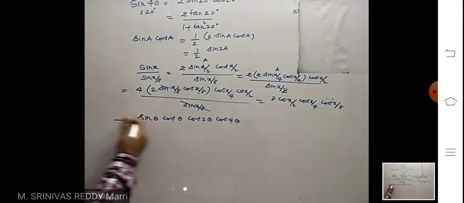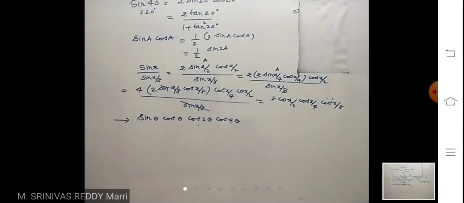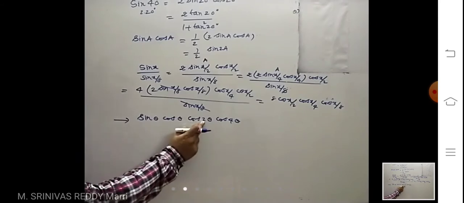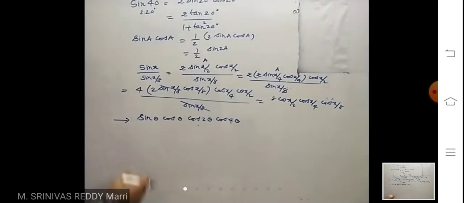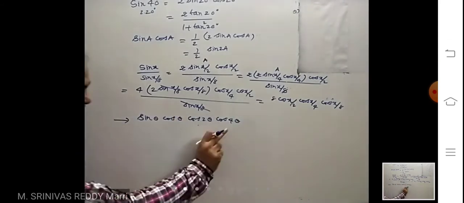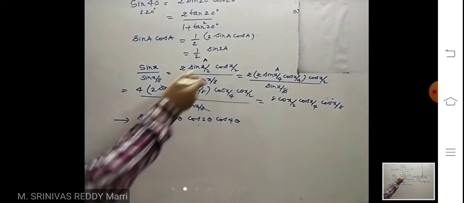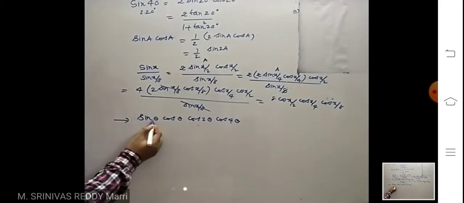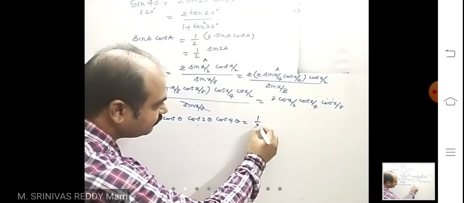Suppose angle is like this: sine theta into cos theta into cos 2 theta into cos 4 theta. Now you have to simplify this. There is no denominator, that's why a hint is given. Now look, sine theta cos theta is there. Now you multiply with 2.